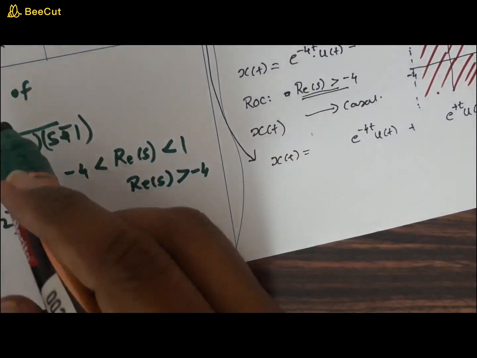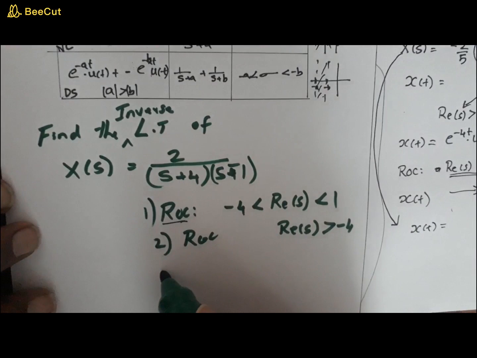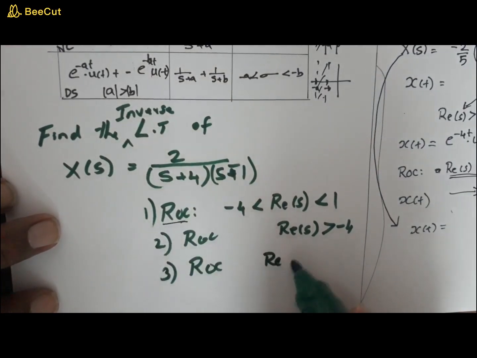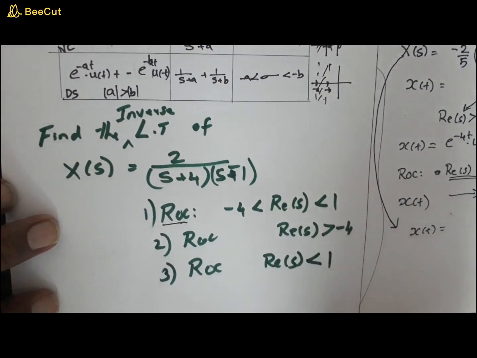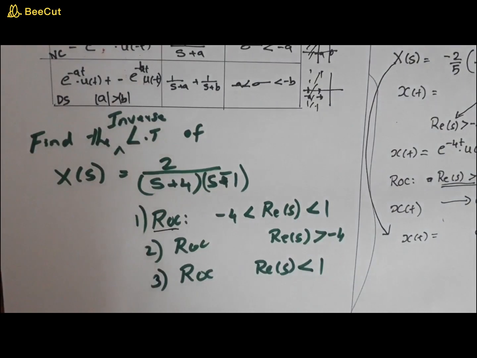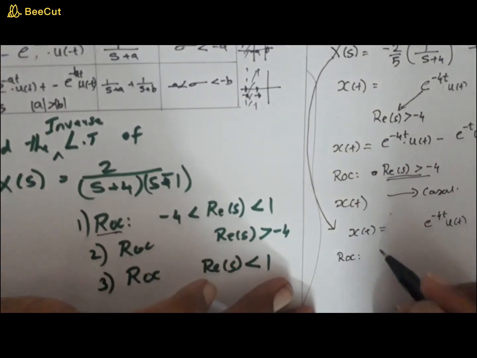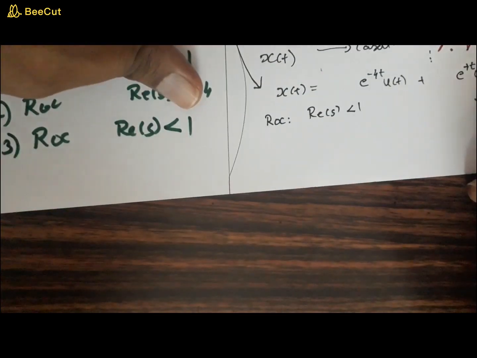Now you have again the same question, that is X of s is equal to 2 by (s plus 4) into (s minus 1). The third question is ROC is real of s less than 1. Re of s is less than 1. Now that is your next ROC. So let's see, the ROC is real of s less than 1. And how will you draw that?